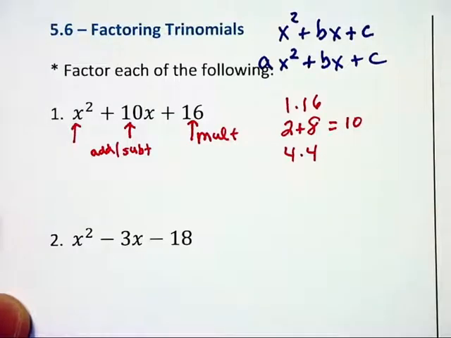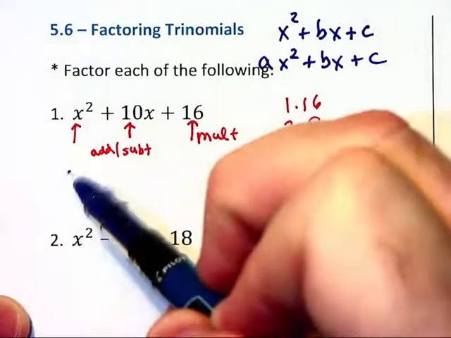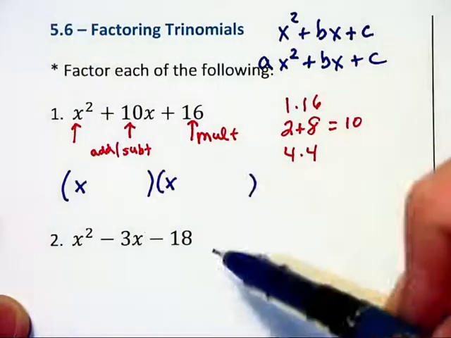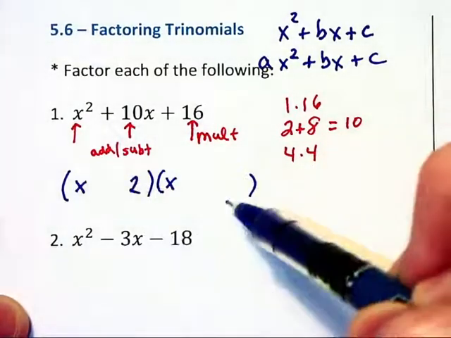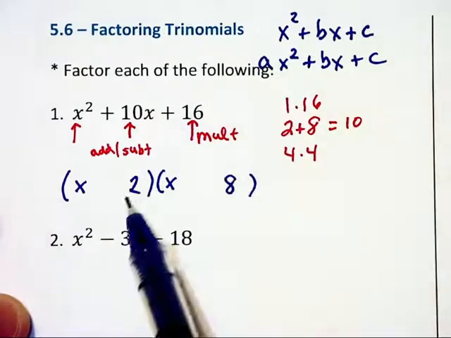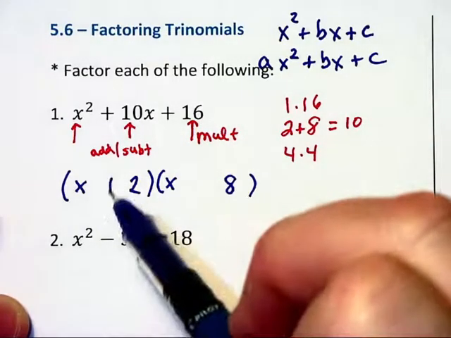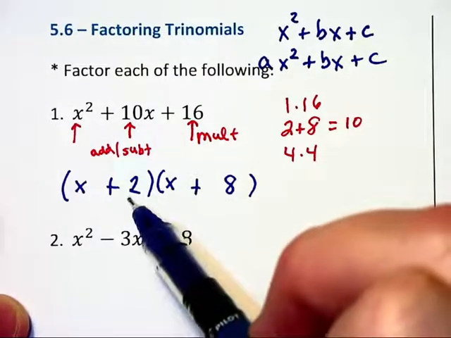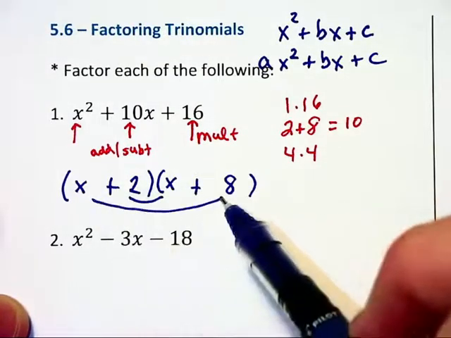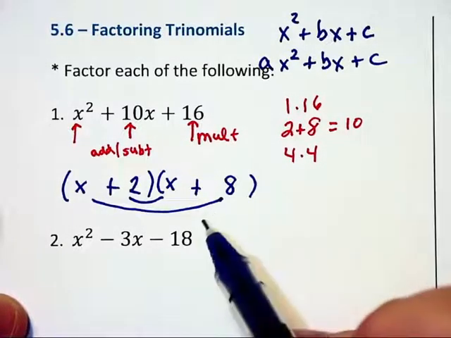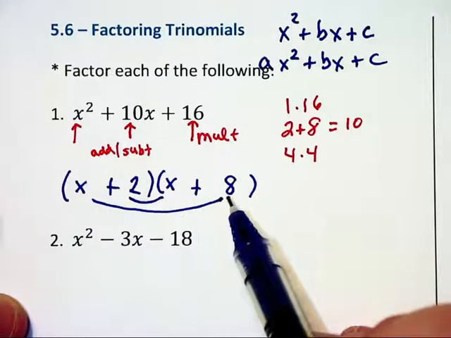So this tells us when we go to factor this, each parentheses will begin with an x. They will end with a 2 and an 8, so that the L part of FOIL, 2 times 8, makes a 16. And we need a positive 2 and a positive 8, so that the 2x and the 8x together add up to make the 10x. Notice when you factor, we have a multiplication problem as our answer.